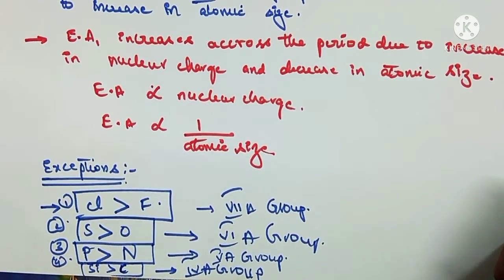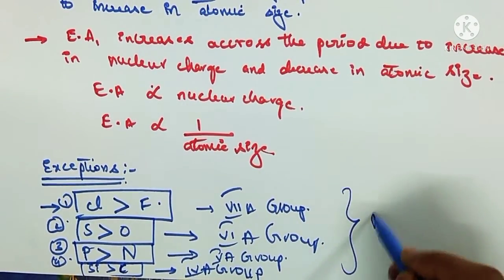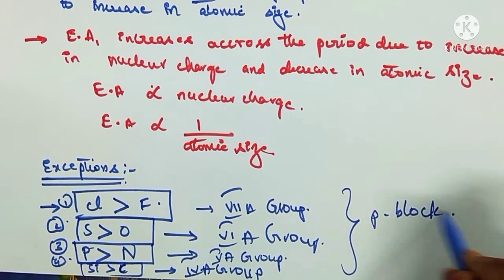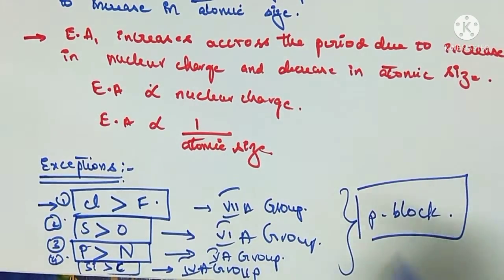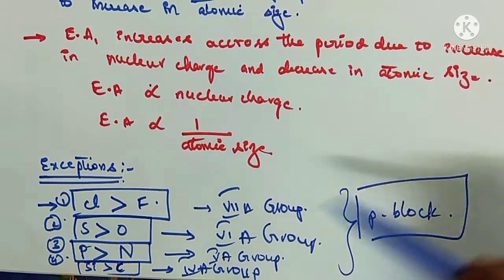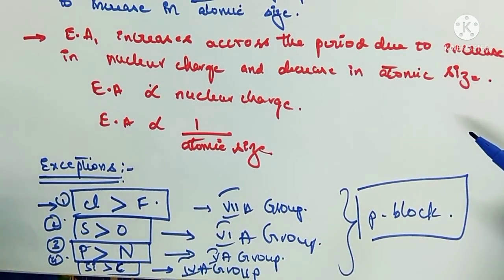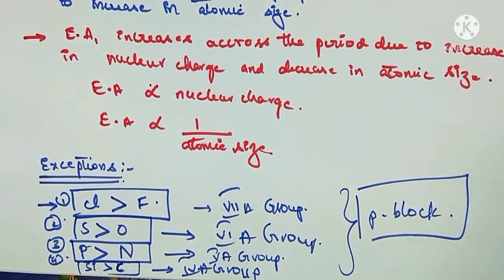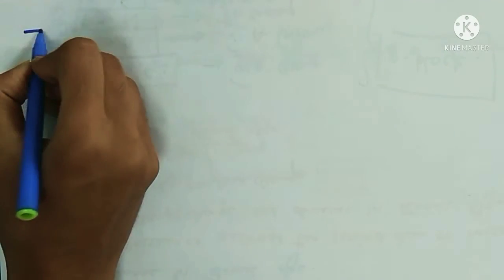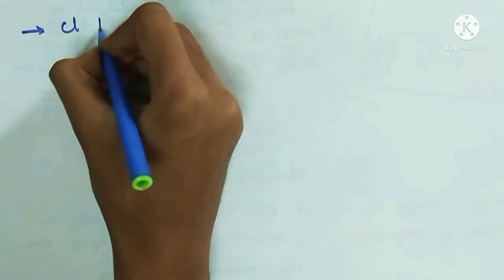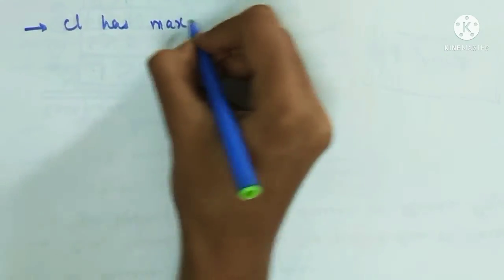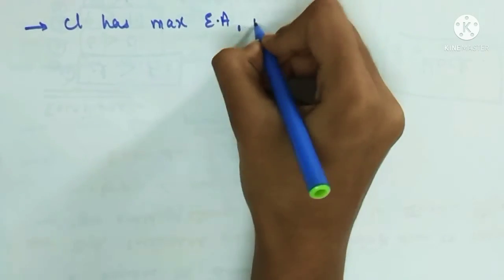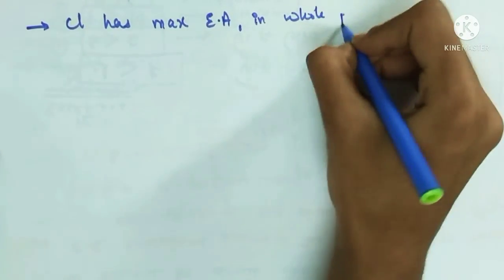And these all are p block elements. That is, the third period elements have greater electronic affinity than second period elements, which are of p block only. And in the whole periodic table, chlorine has the maximum electronic affinity.